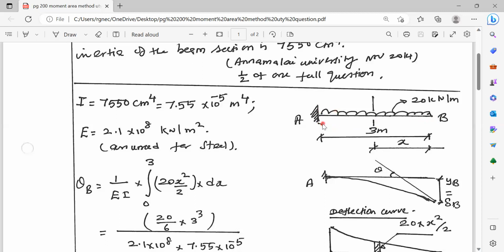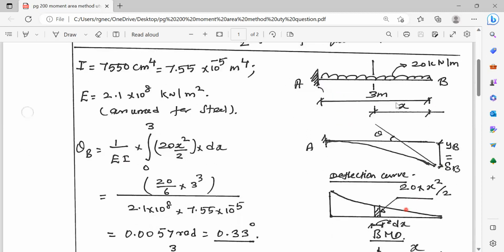Here theta A is equal to 0. So if you apply Mohr's first theorem for points A and B, theta B minus theta A becomes theta B is equal to 1 by EI times the area of the bending moment diagram.